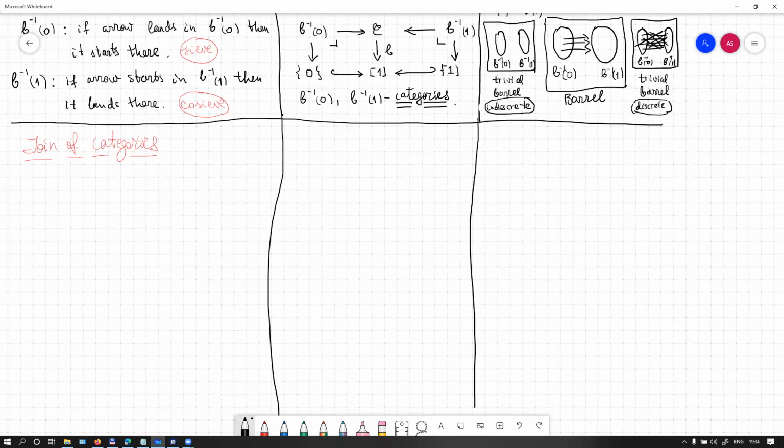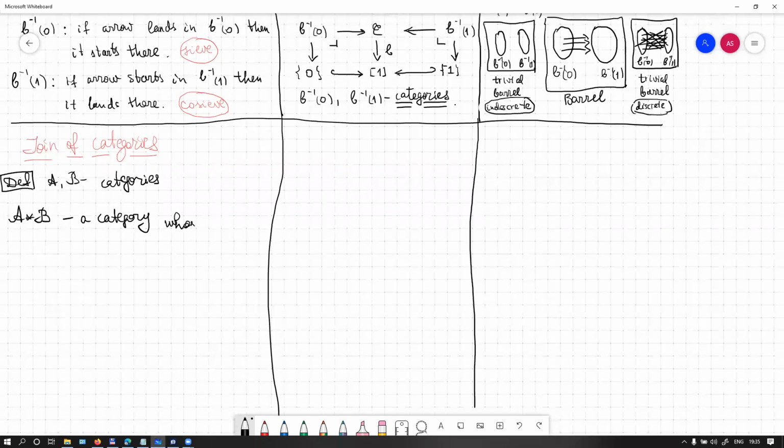Definition: if A and B are categories, then define A join B, a category whose set of objects is given by objects of A disjoint union objects of B. The first thing.